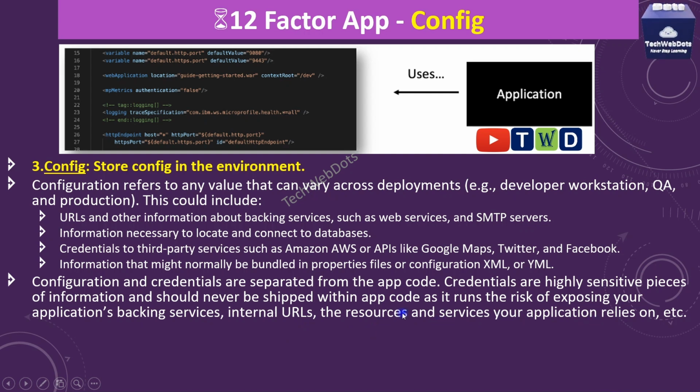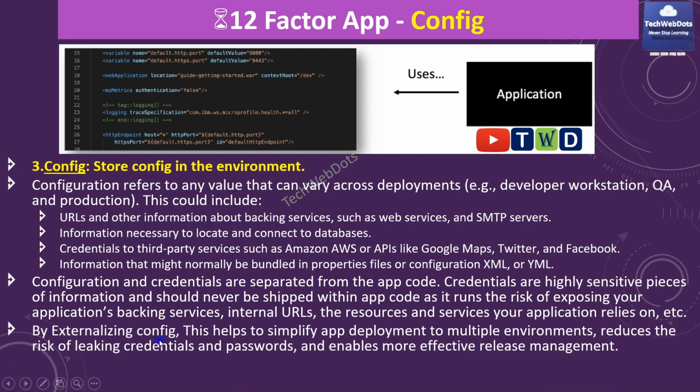So these should not be part of your application code. Externalizing your configuration helps to simplify application deployment to multiple environments, reduces the risk of leaking credentials and passwords, and enables more effective release management.